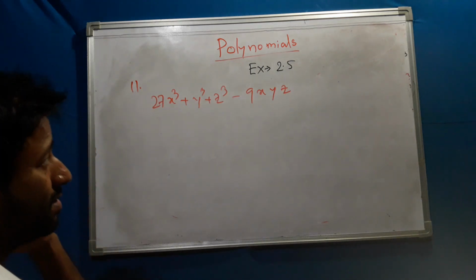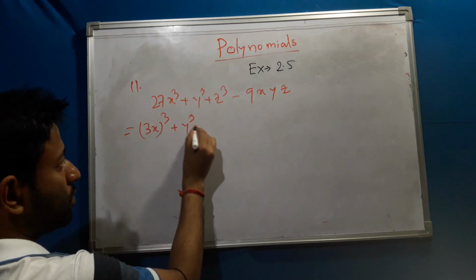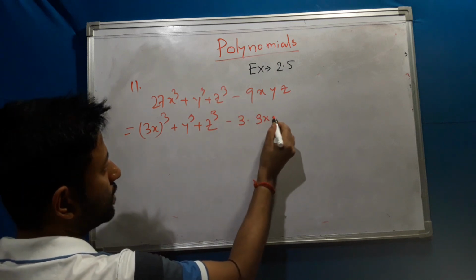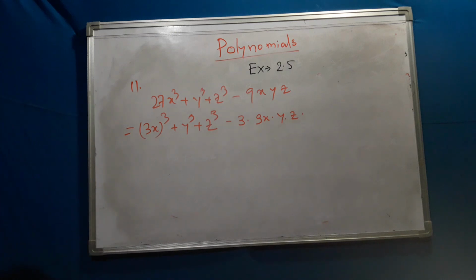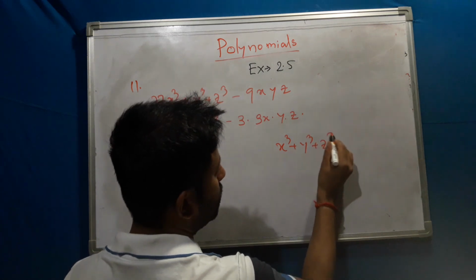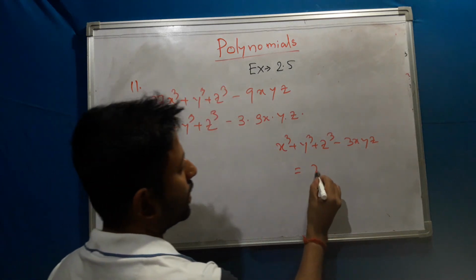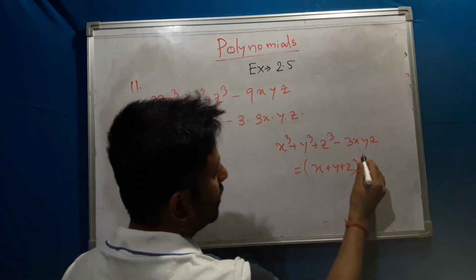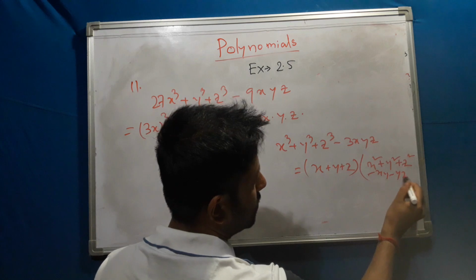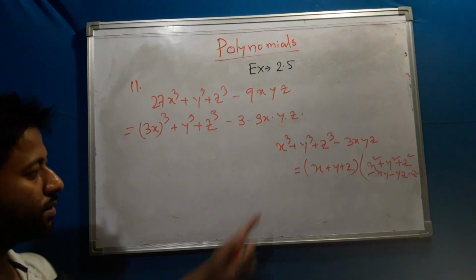So I can write this as 3x whole cube plus y cube plus z cube minus 3 into 3x into y into z. So we have an identity. Which identity do we have? x cube plus y cube plus z cube minus 3xyz equal to x plus y plus z into x square plus y square plus z square minus xy minus yz minus zx. This is the formula.